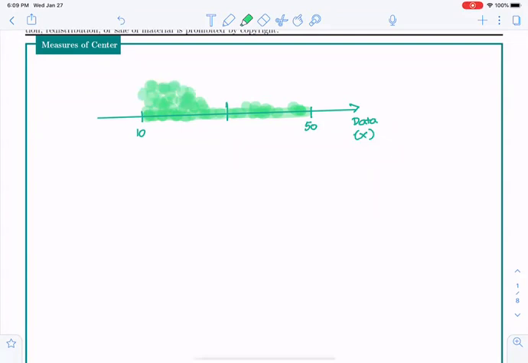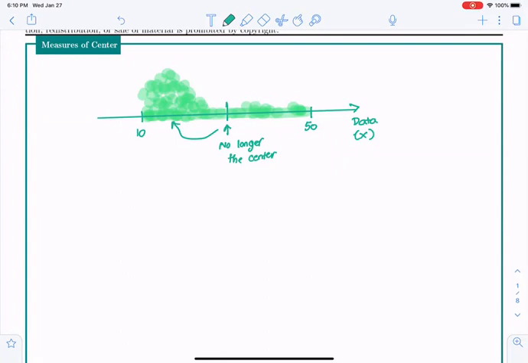So the more observations pile up on this side, the center starts shifting. It's no longer at this point. It'll probably move somewhere over there, because the majority of data points are on the left-hand side.